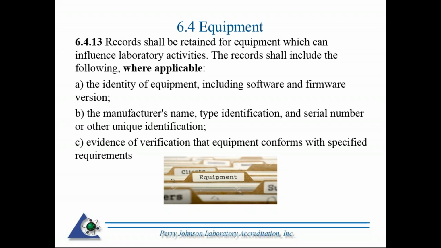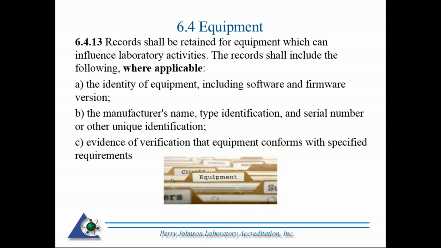What's included is the identification of equipment. It also includes software and firmware version, the manufacturer's name, type identification, and serial number, or any other unique identification, maybe an asset number or a unique ID number that you assign for your organization.